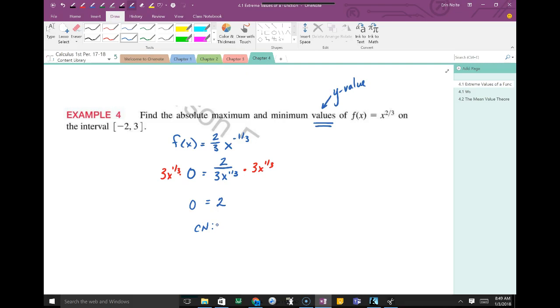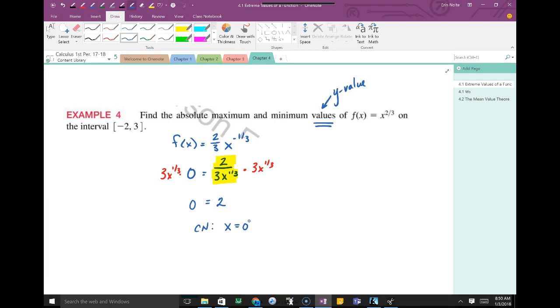Is there any value that would make this function undefined? 0, because x cannot be 0. So our critical number is at x equals 0. Make sure to check for undefined values as well.